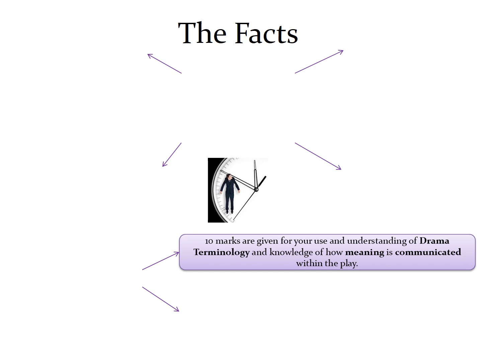And if you're talking about semiotics, it is all your actual terminology that you learned anyway, that you've been learning since year 9, really, but enhancing in year 10, and that you all studied in quite a lot of detail for your Blood Brothers part of the exam. So the same terminology applies, but you get a lot of marks for it here.